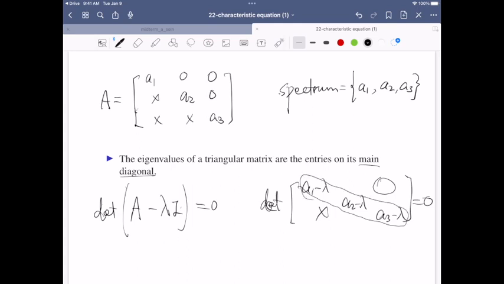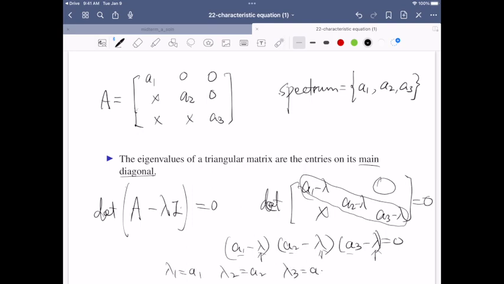So you just multiply them together: (A1 minus lambda)(A2 minus lambda)(A3 minus lambda) equals 0. That means lambda has to be one of those numbers. So lambda 1 is A1, lambda 2 is A2, lambda 3 equals A3. That proves the proposition.